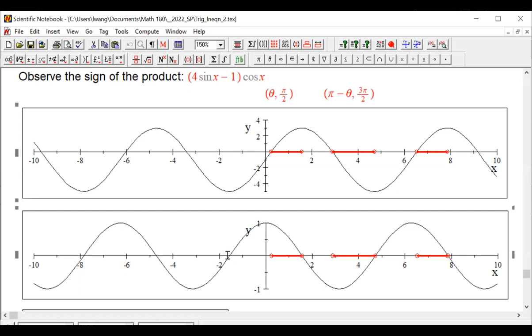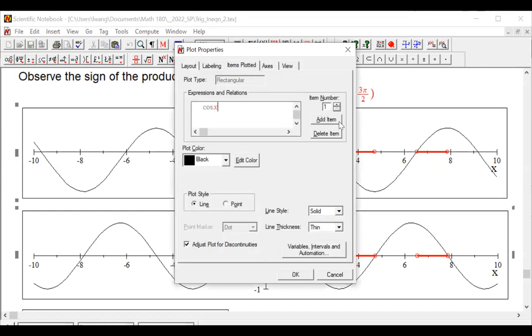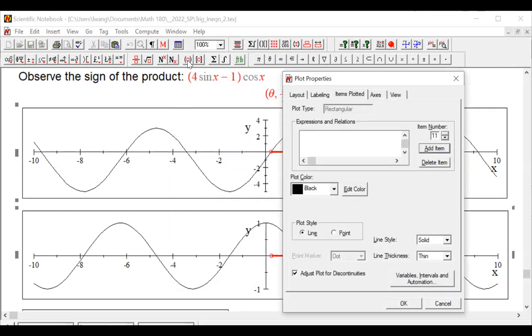But from this point, this piece is negative and this piece is negative, so negative times negative is a positive. So we need to identify this point. This point is negative pi over 2, so I'm going to identify this negative pi over 2. It's hard work, and it takes a lot of patience.